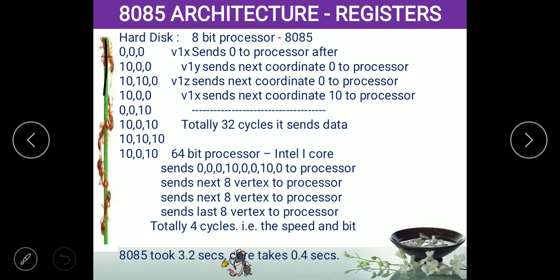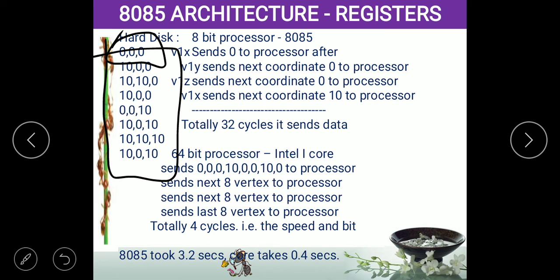First, these are the coordinate points, the vertex points. If there is a cube, we have 8 vertex points. Each vertex point has an x coordinate, y coordinate and z coordinate. If it is an 8-bit processor, what will it do? It will take the first vertex 0 0 0.